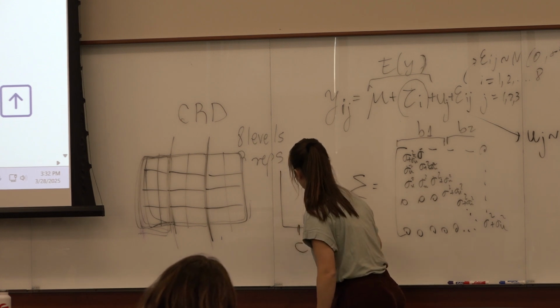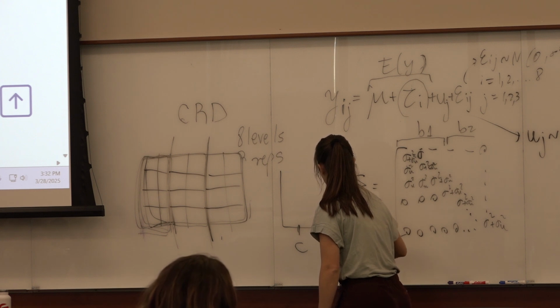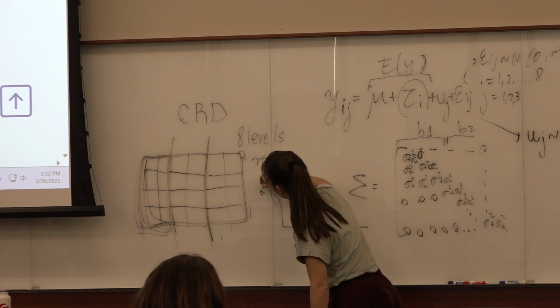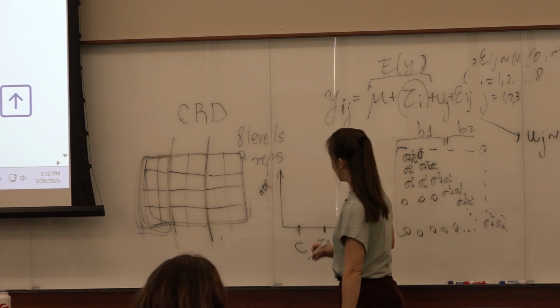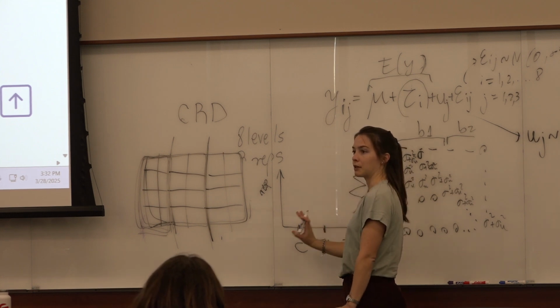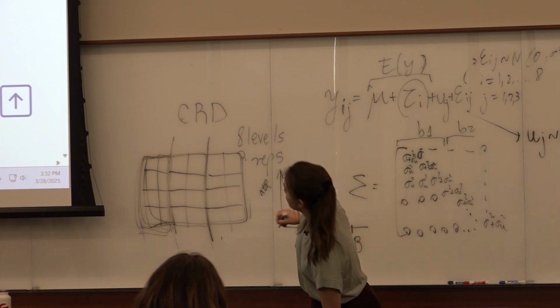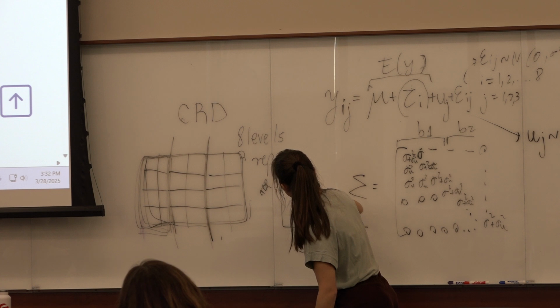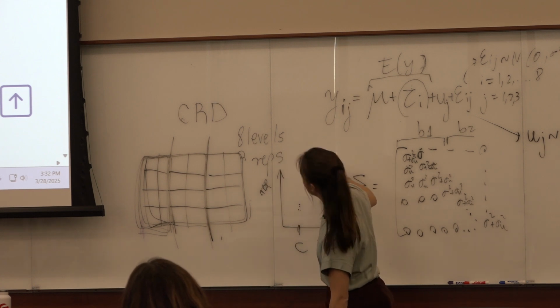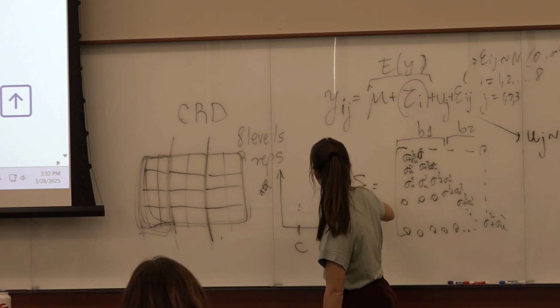This is control, this is treatment A, and this is treatment B, and this is whatever response we got. It's not that this is continuous; the predictor is categorical. We have 3 categories. For control we have observations around here, and this one's around here.